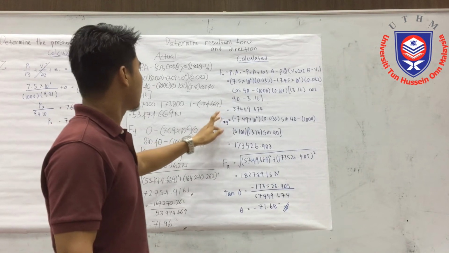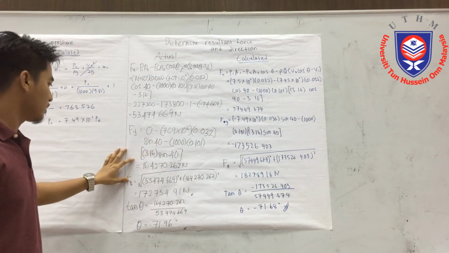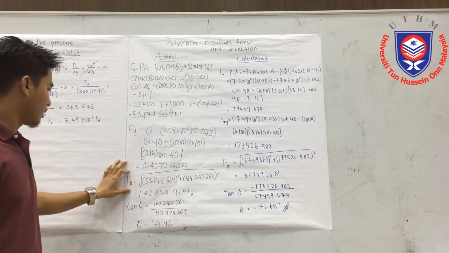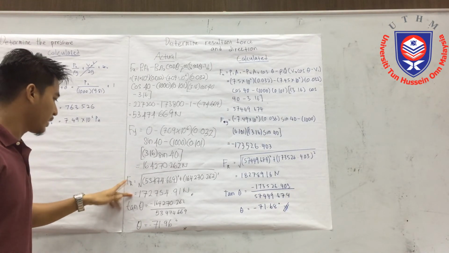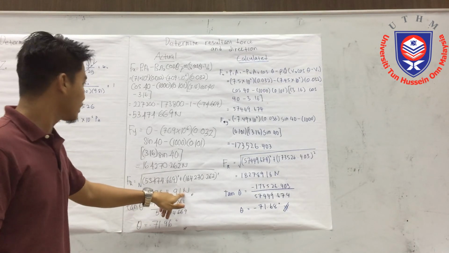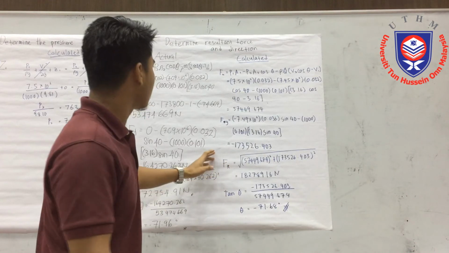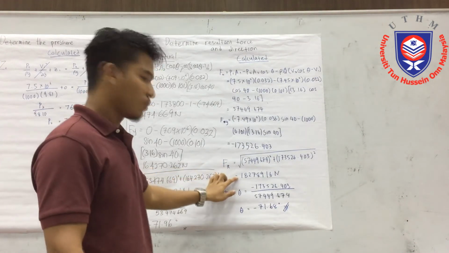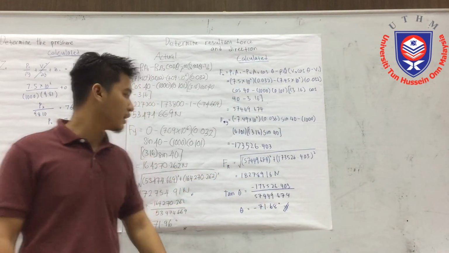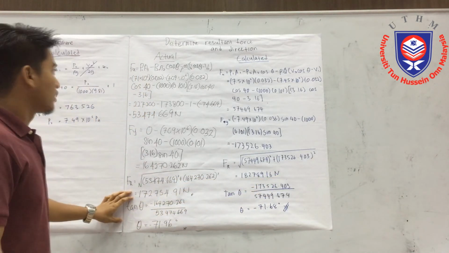Then we substitute in the Fr formula, and we get 172,754.91 Newton for the actual Fr, and for the calculated Fr we get 182,789.16 Newton.